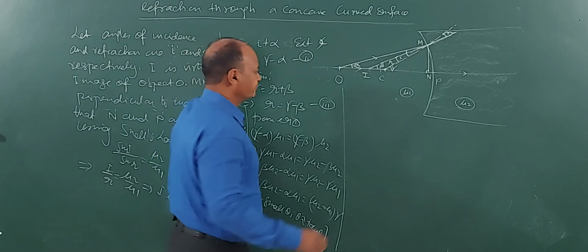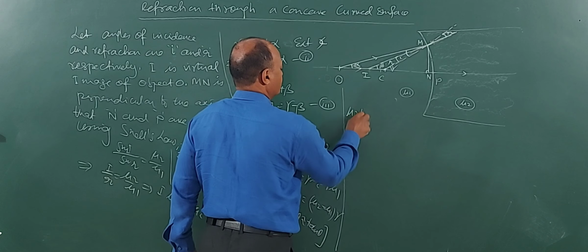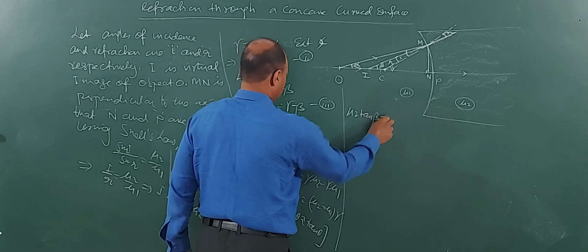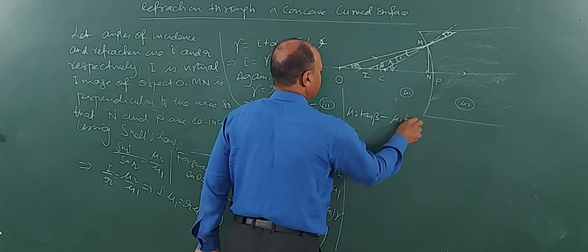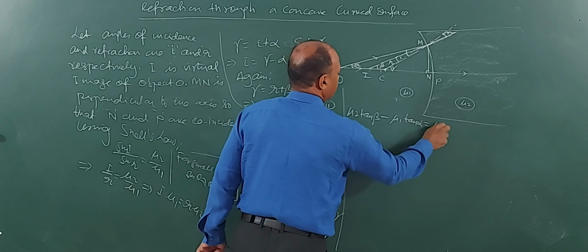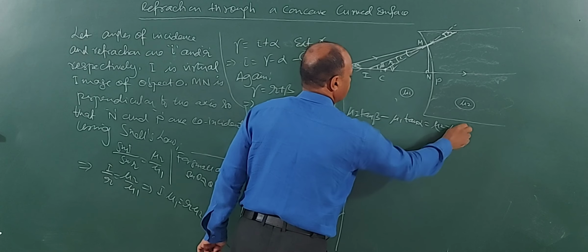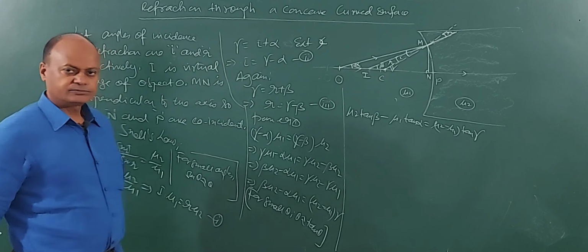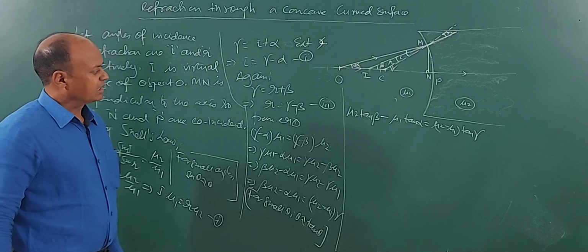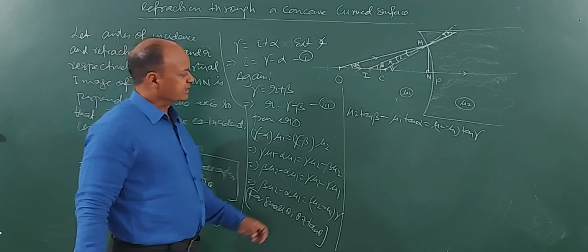So what do we get? Mu 2 tan beta minus mu 1 tan alpha is equal to mu 2 minus mu 1 tan gamma. Clear?